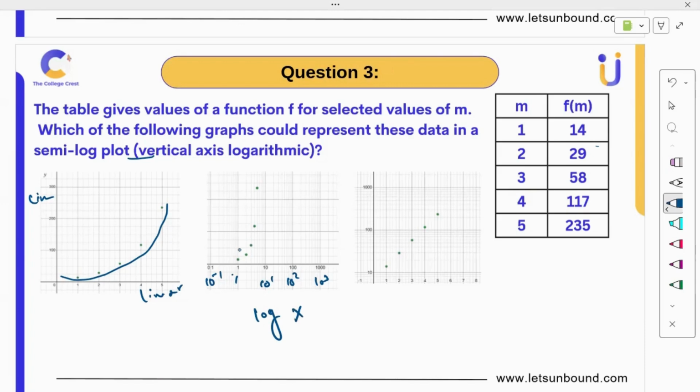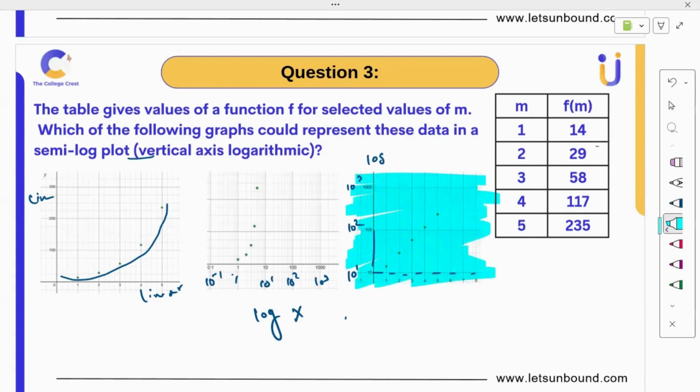And coming here, this is spaced in a linear manner, like 10 power 1, 10 square, 10 cube. Vertical is logarithmic. So this is the required semi-log plot. And that's simple. Question number 3, the topic semi-log plots.